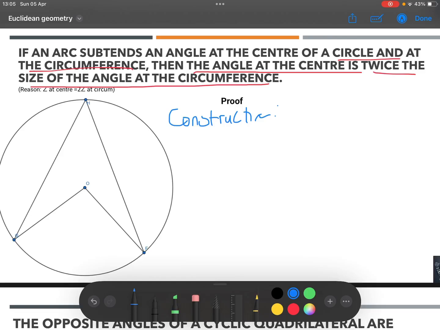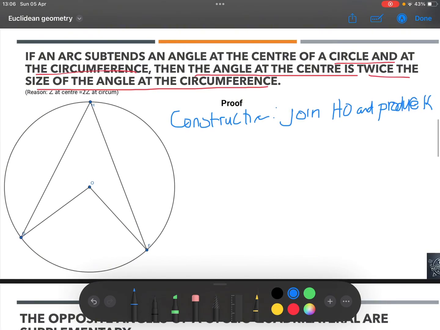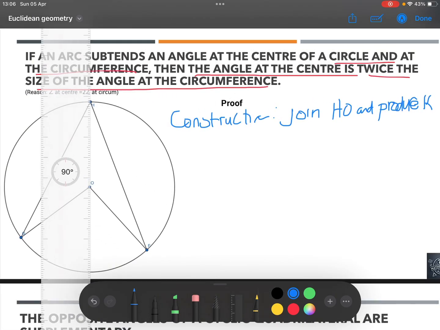Based on the construction, we're going to join HO and produce K. So now let's join the line that we're talking about, line HO.